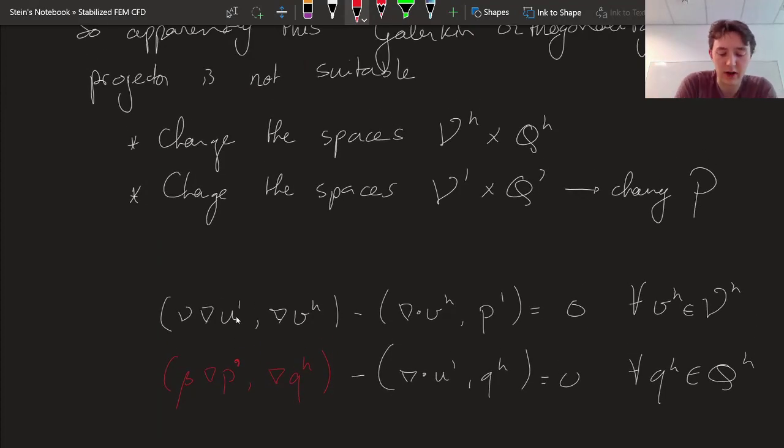And our velocity field is a vector. What we could do instead is add maybe a weighting on its divergence. We also know it has to be divergence free, so that doesn't sound like a terrible idea. So I'll add alpha times the divergence of U prime, comma, the divergence of VH.